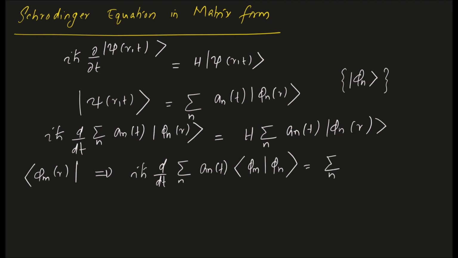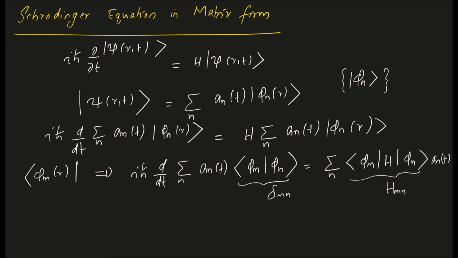Since H is a Hermitian operator, you have to multiply from the left side: <phi m|H|phi n>, and then we have a_n(t). The first is given by a delta function delta_mn, and the second is given by the matrix element H_mn.